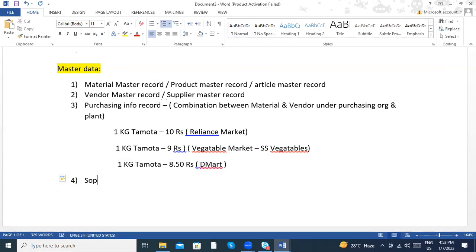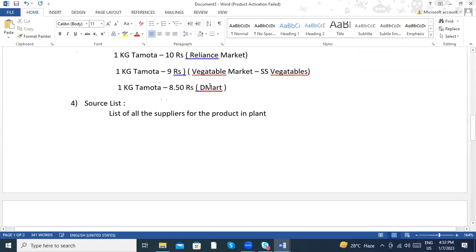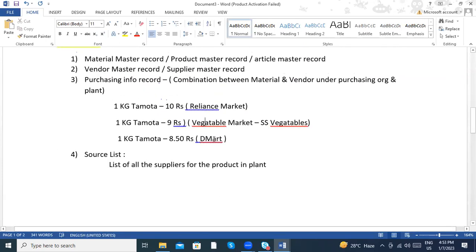Now coming to the source list. The next one is source list. You can easily understand that the source list is a list of all the suppliers for the product in a plant. If I say the above Reliance market, vegetable markets and DMart, we maintain all of them in the source list.